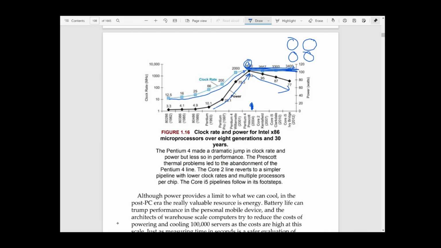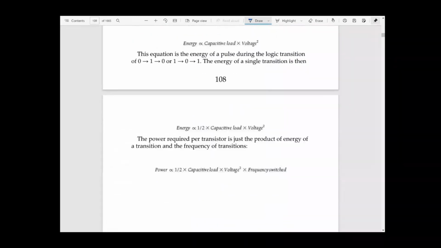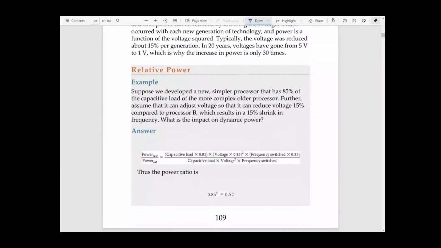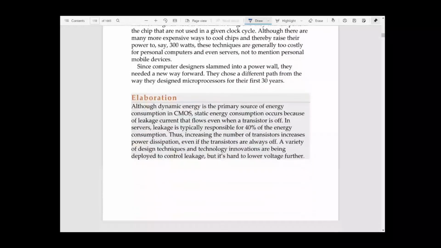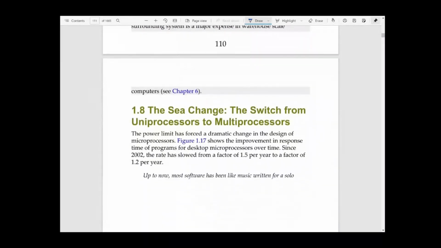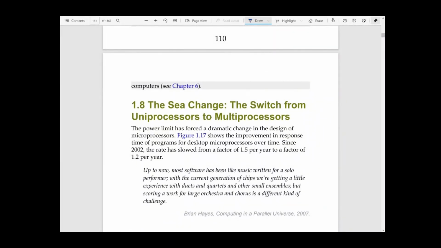And after explaining the power wall problem, the next section, 1.8, explains the proposal of the multi-core processor. After this, you can see the switch from uniprocessor to multiprocessor.